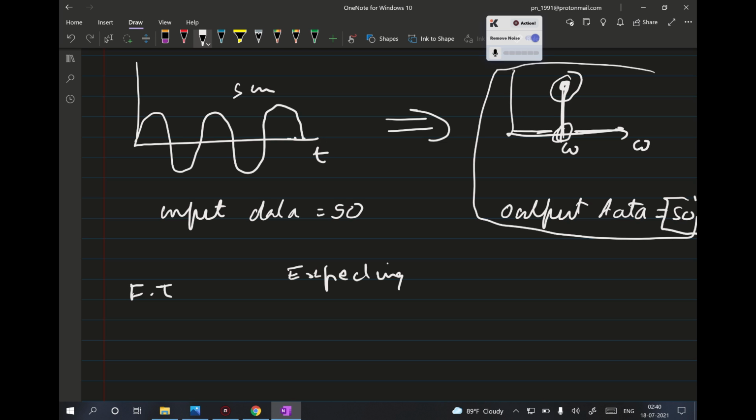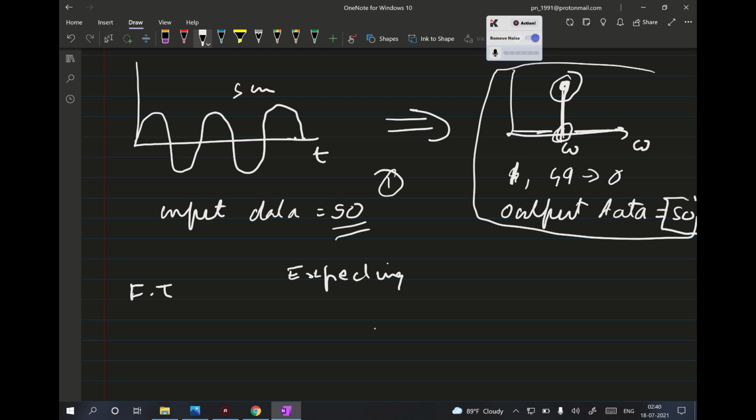If my input data size is 50 and output data size is 50, and if my input has one frequency content, then my output data will have only one point where the response will shoot up, while for the remaining 49 data points my response will be 0.